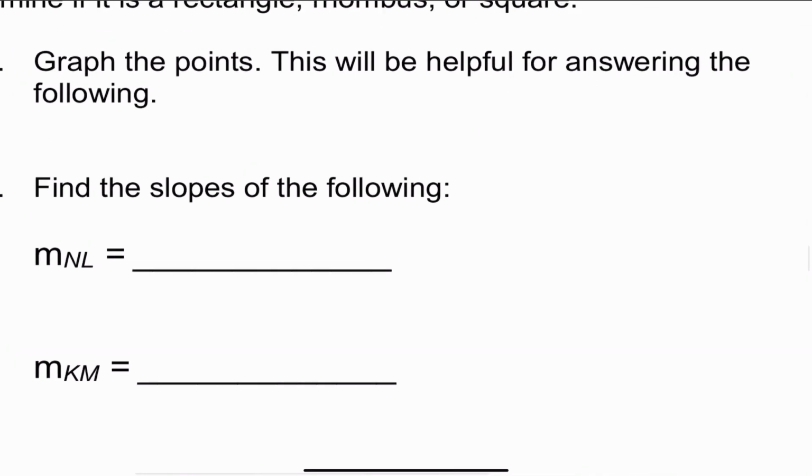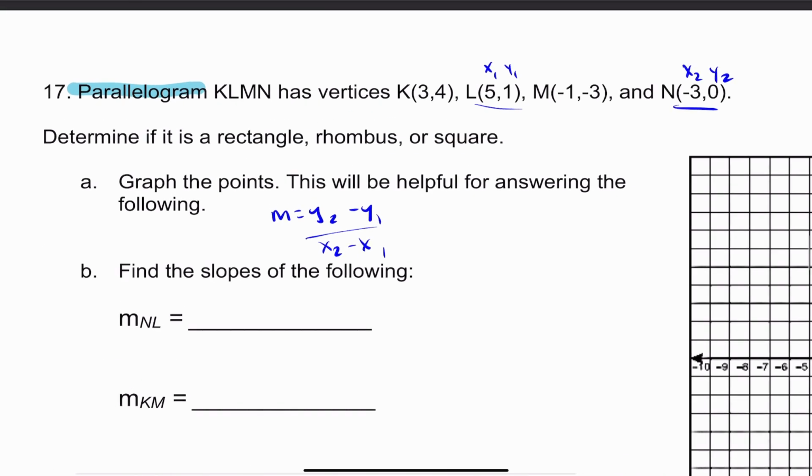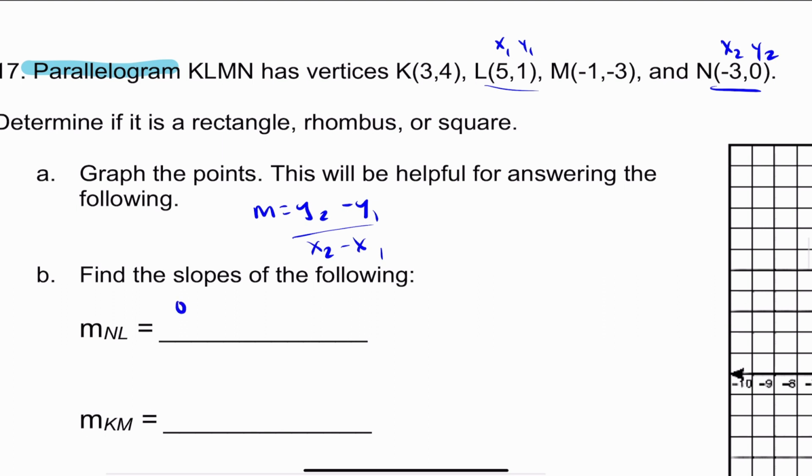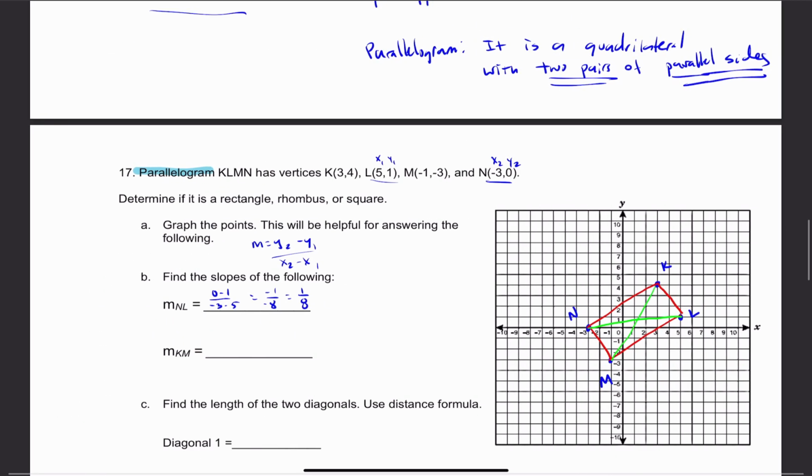Slope of NL, remember, the slope formula is y2 minus y1 over x2 minus x1, and that is -1 over -8, which simplifies to 1 over 8. And then find the slope of KM. So this is the diagonal that I'm looking for.